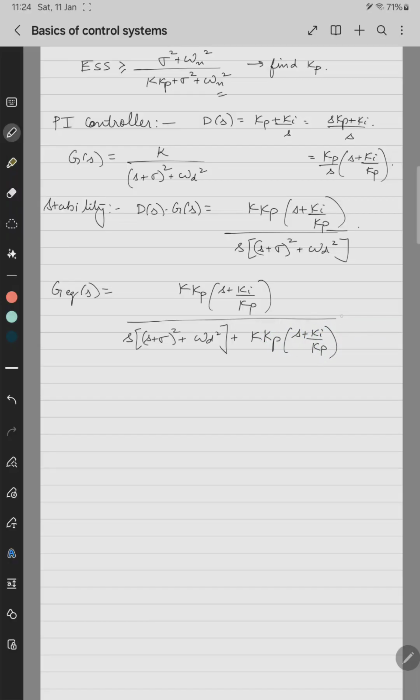Now here there is no assumption, just like what we did in the first order system, that is A equals Ki by Kp. So let's keep it generalized. Here it will be a third order system.